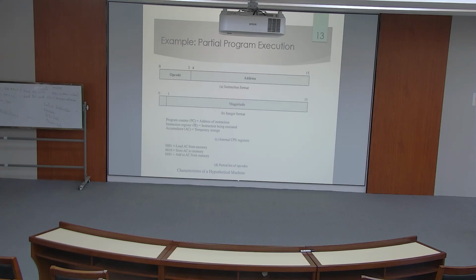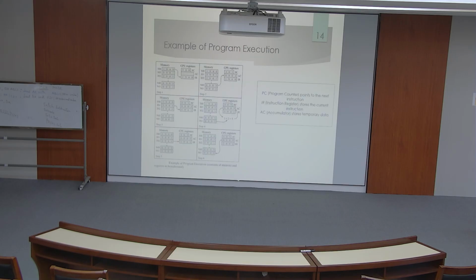We have the program counter, the address of the next instruction, and the instruction register, which is the instruction being executed, and we have the accumulator register to add to the accumulator from the memory.